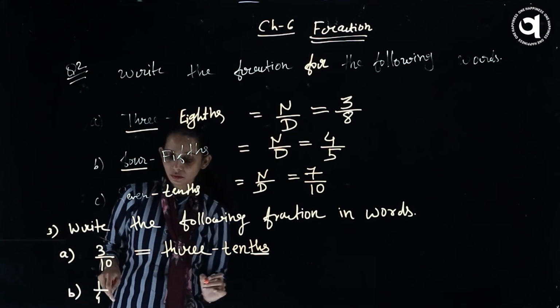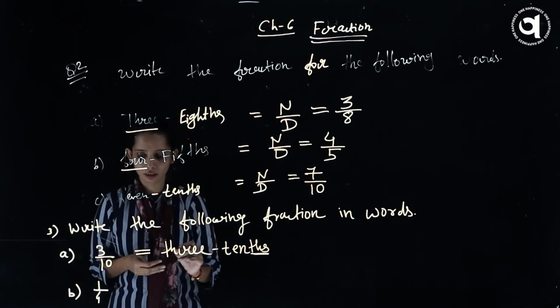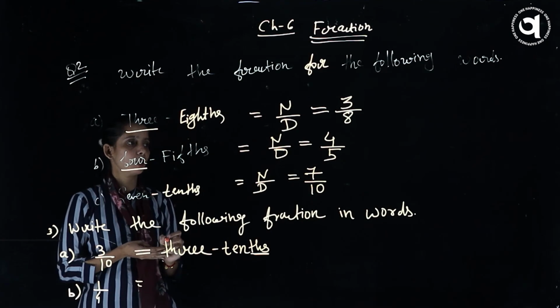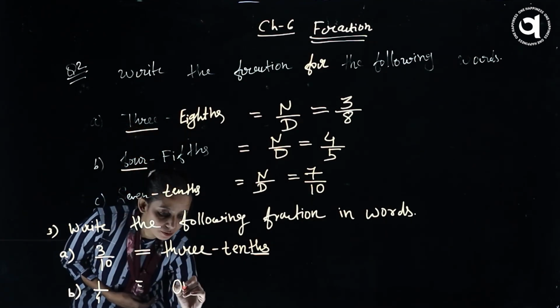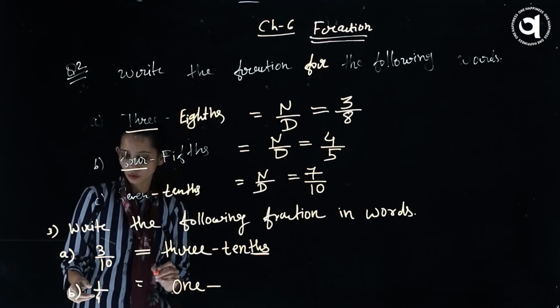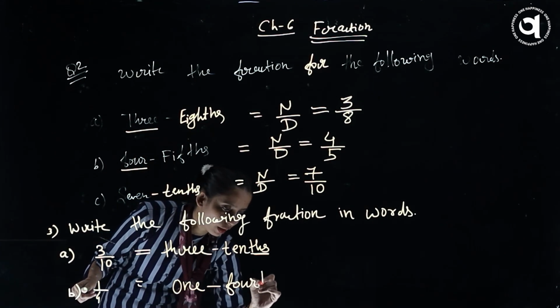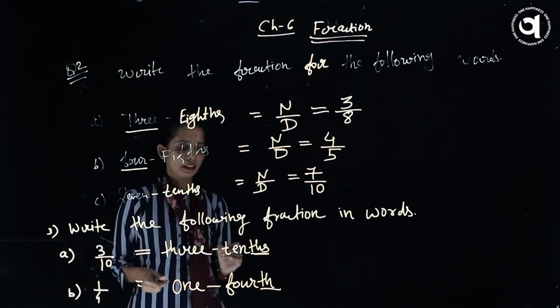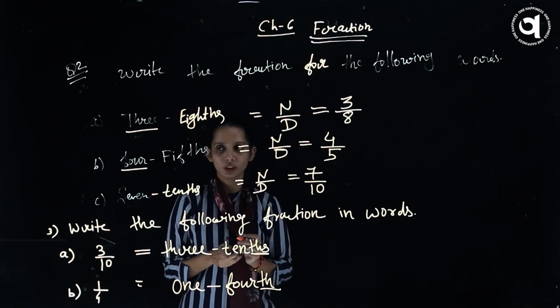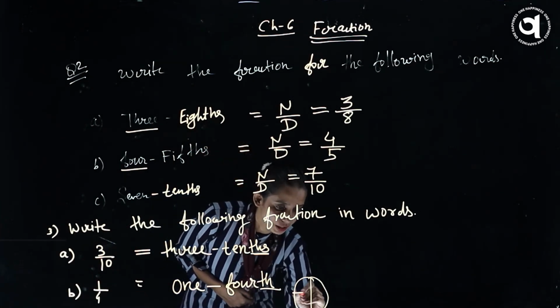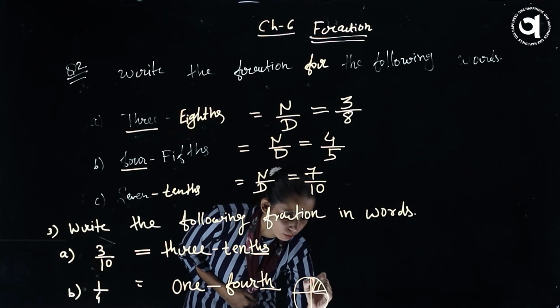So here the answer is 3/10. After that, question B is 1/4. Here the answer is: first you have to write 1 and after that 4. In that you have to add T and H. So the answer is 1/4. It is represented as 1 part of 4th.